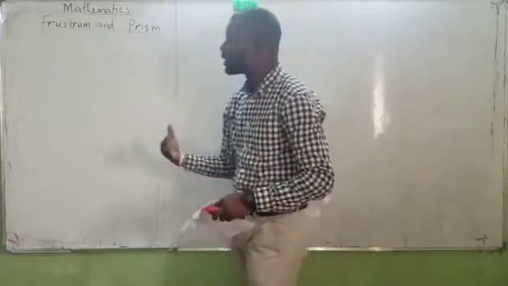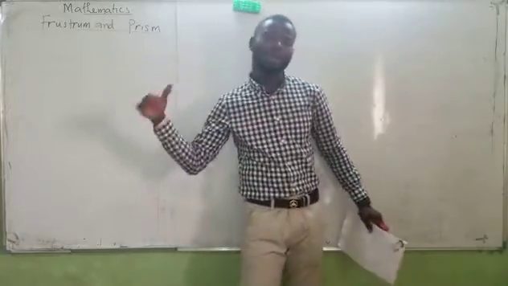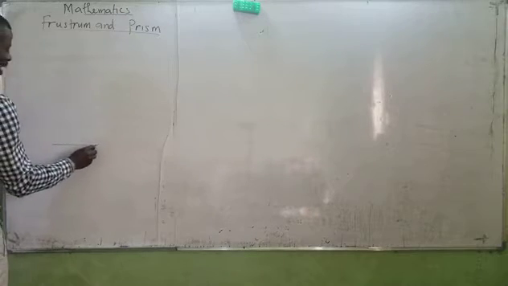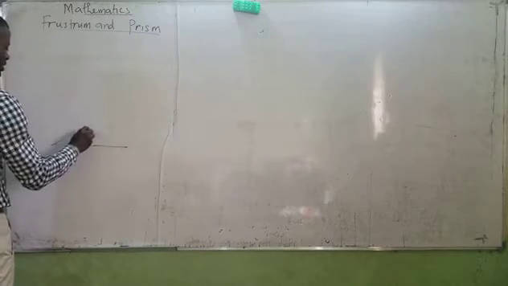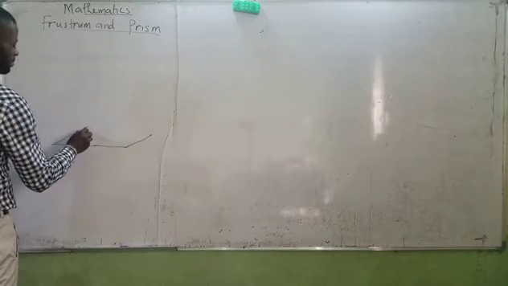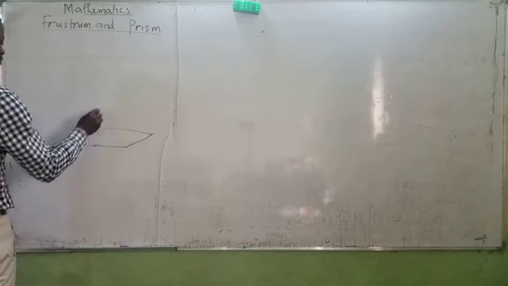When you are talking about a pyramid, you can have the whole pyramid like this. Sorry, permit me to draw here because I don't have the materials here, but let me try to improvise.